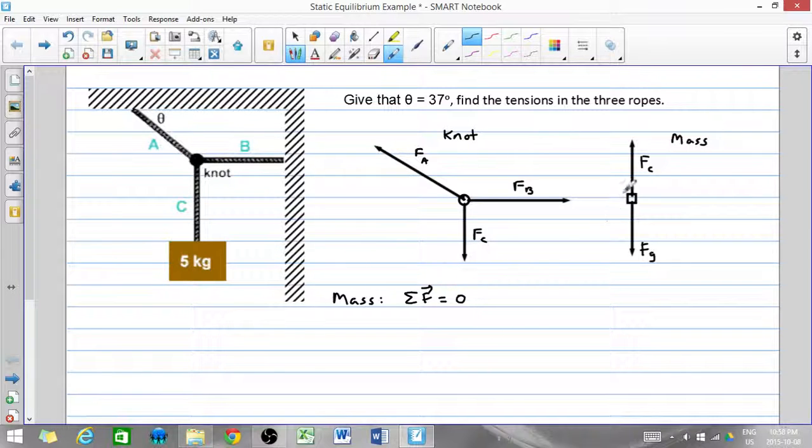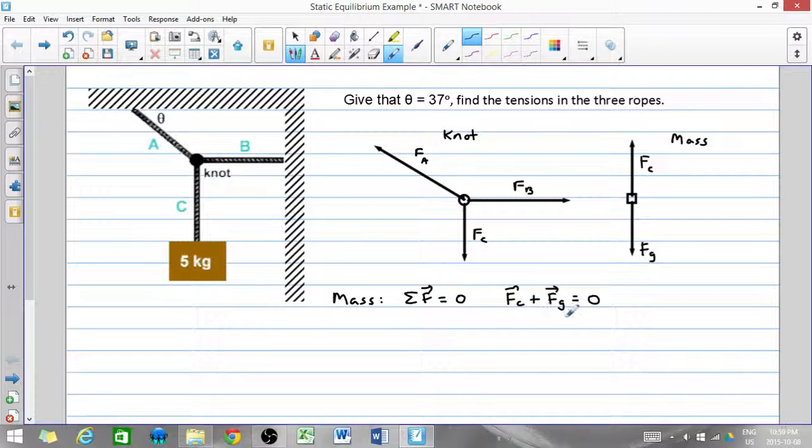So in this case, we've got two forces. We've got the force in rope C and the force of gravity adding up to 0.